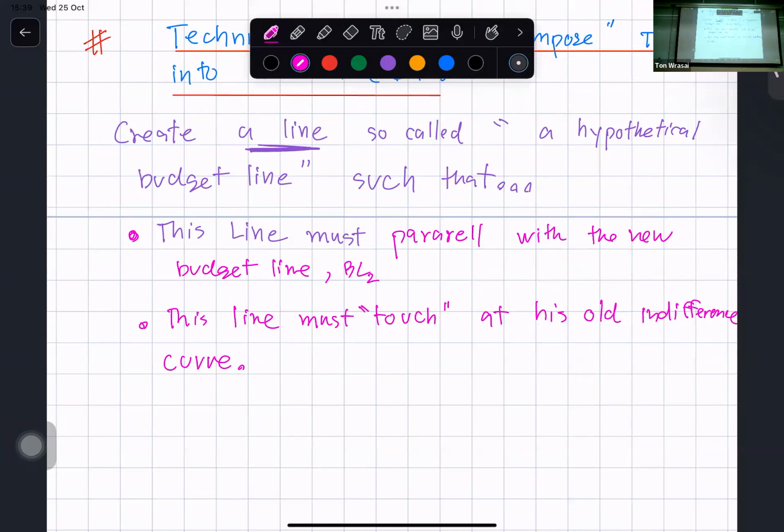Okay, we have two requirements for this line. First, this line must be parallel with the new budget line.